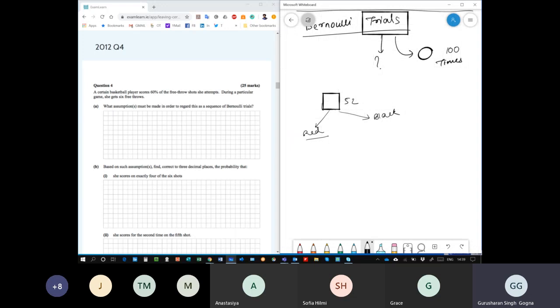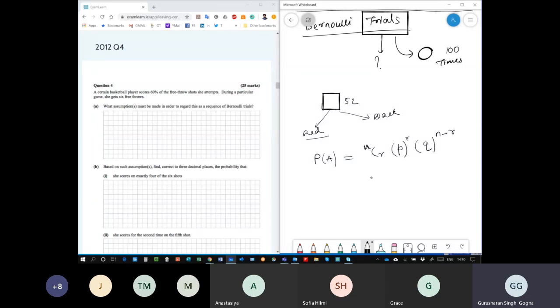Now, why do we need it? Because it will help you to find out the probability using this formula. So probability is given by nCr p to the power r q to the power n minus r.